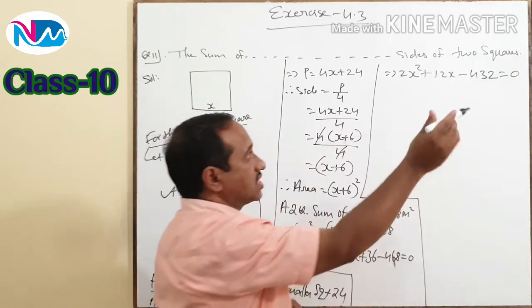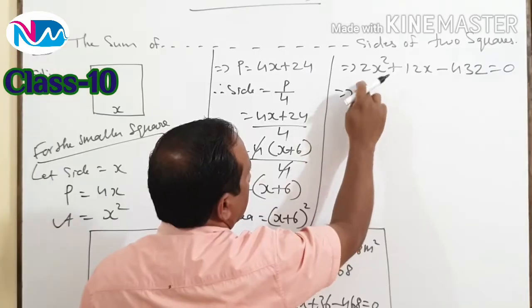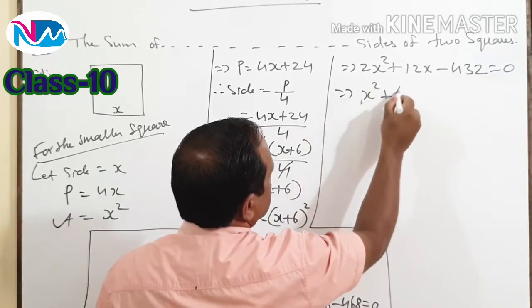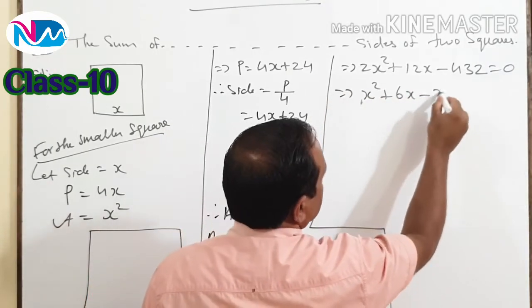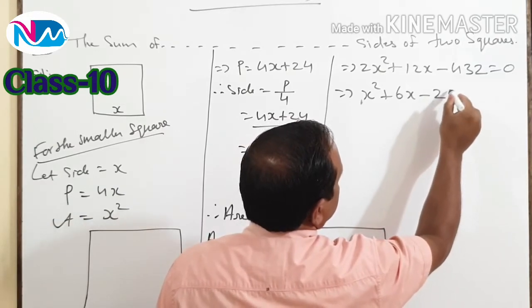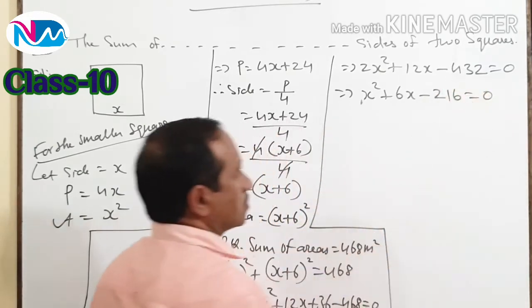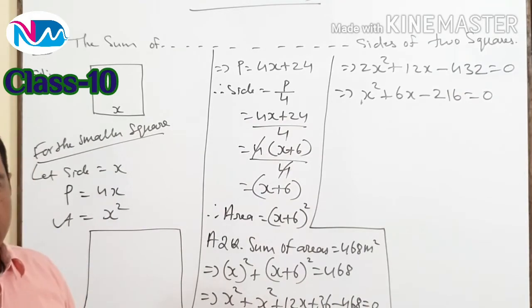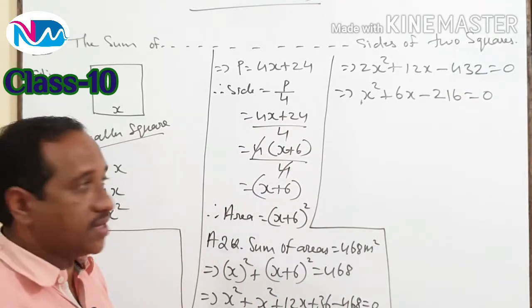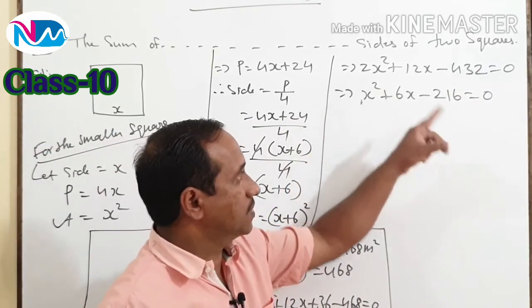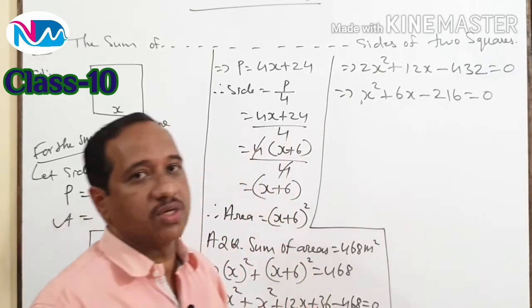We can divide all the terms by 2, we get x square plus 6x minus 216 is equal to 0. So the quadratic equation representing the given situation is x square plus 6x minus 216 is equal to 0.